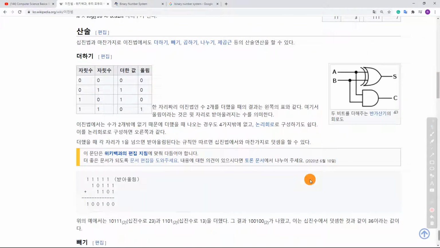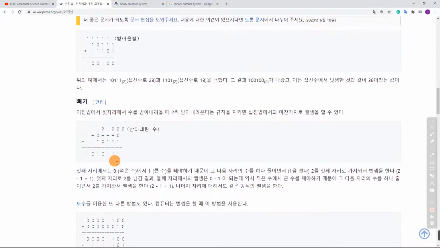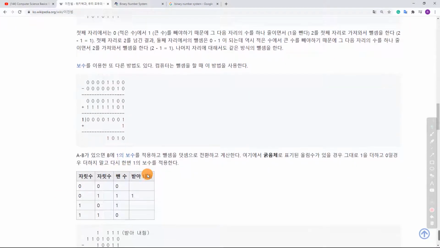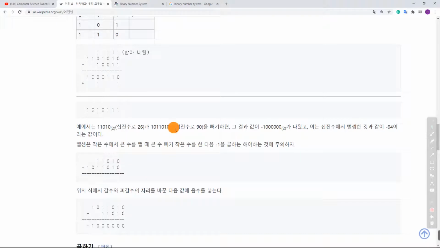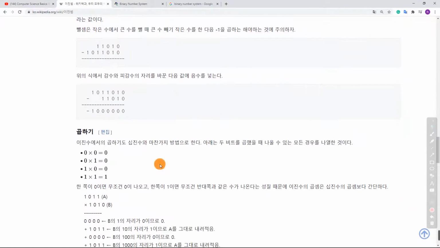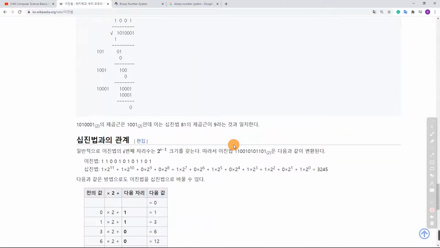There are some special rules you will follow to, for instance, add binary numbers or subtract binary numbers as shown here. So we need to follow some rules which are applied to the binary system. Here you will have only two digits, again 0 and 1.